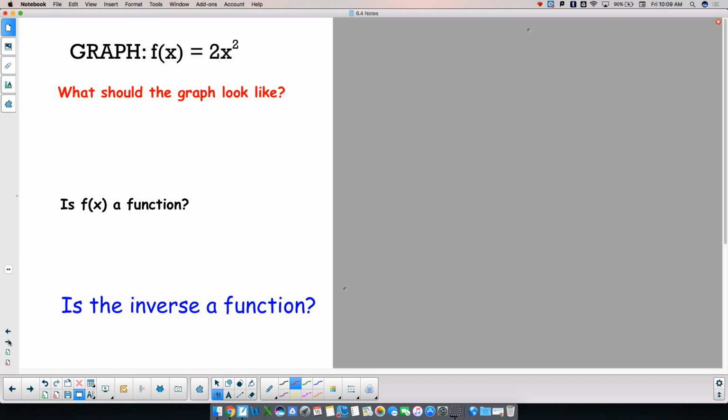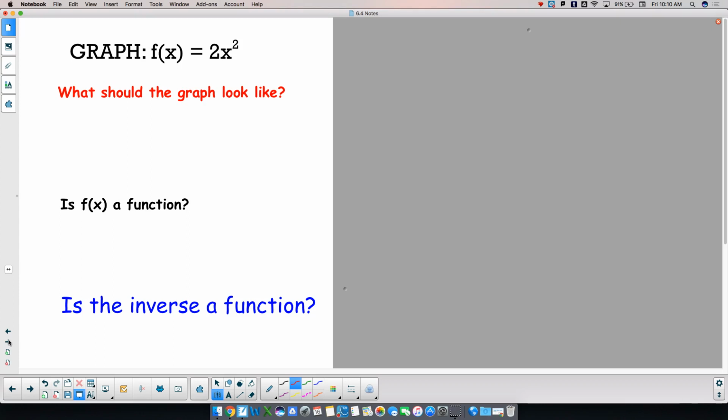You can either base it off of prior knowledge of these types of relations, or you could base it off of end behavior, or you could quick plot some points. Okay? What should it look like? It should look like a U, right? It should be a parabola.